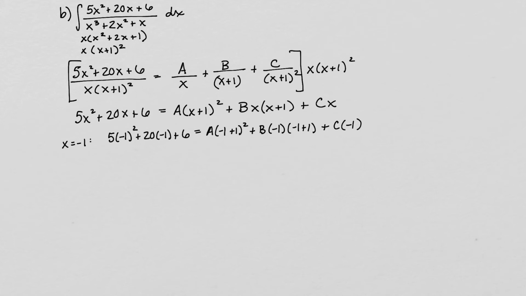So this is pretty nice, right? Because this piece goes to 0 and this piece goes to 0. So we're left with 5 minus 20 plus 6 is equal to minus C. So we have -9 is equal to -C. So C turns out being equal to 9. We okay with that?